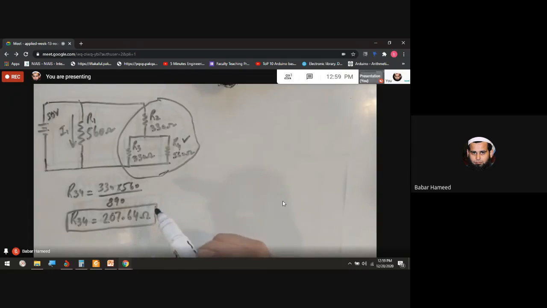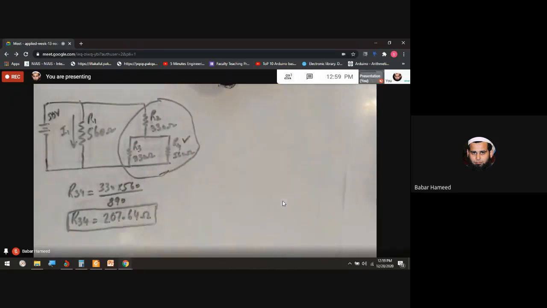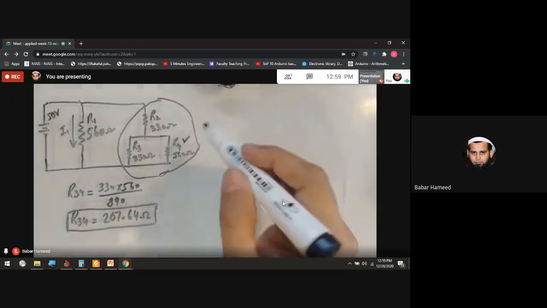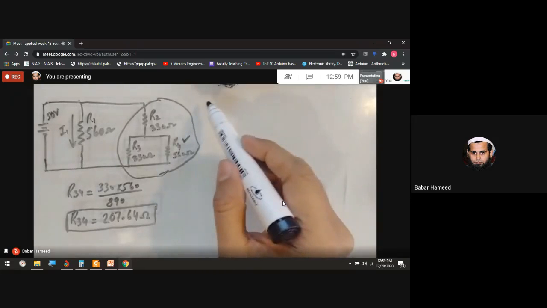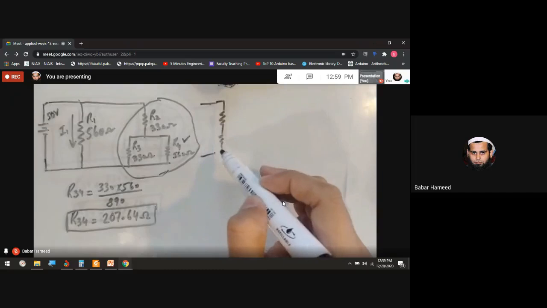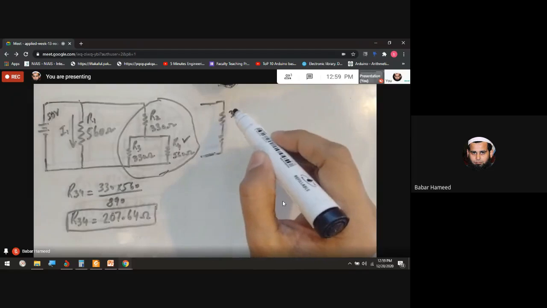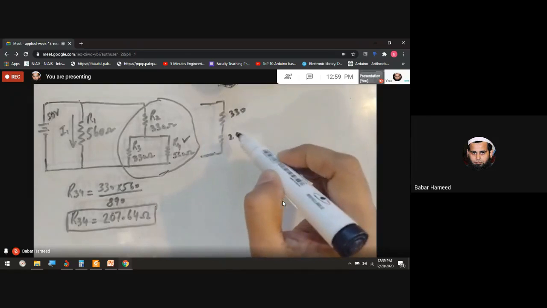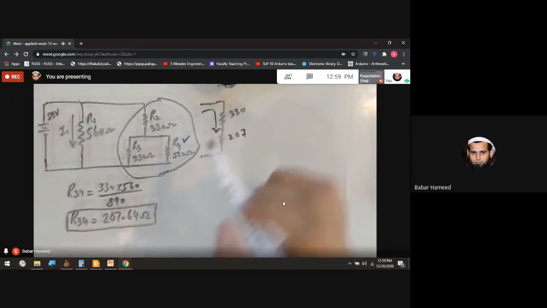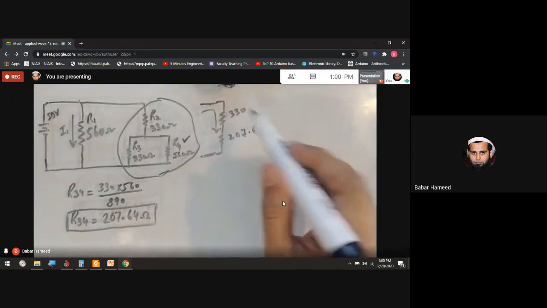Now I have R2 and the combination R34 in series, as the previous circuit is the same, so I'm not drawing it again. 330 and 207, and the current through this circuit will depend upon the series combination.